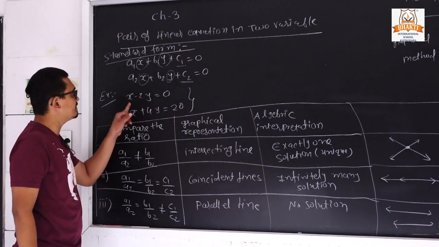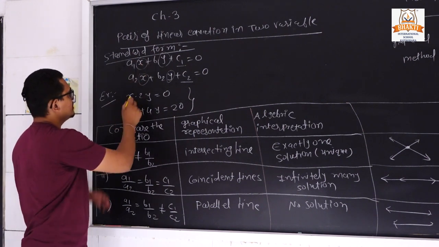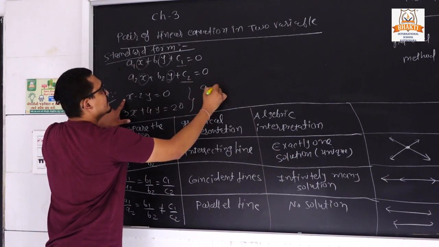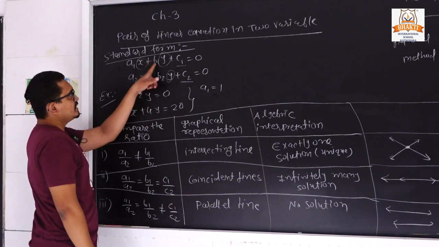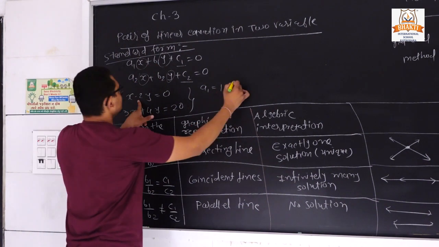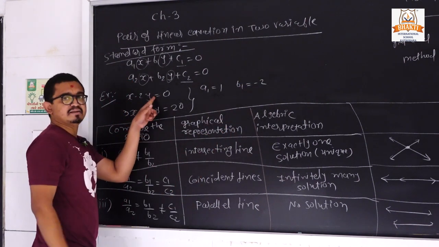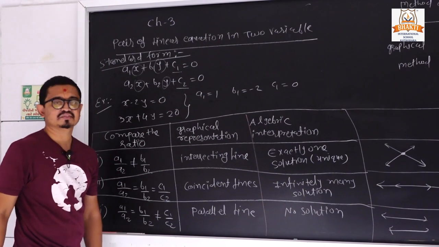This is our linear equation, because compared with the standard form, the coefficient of x is 1, so a1 is equal to 1. Then b1 is equal to minus 2, and the constant term is missing, so we write c1 is equal to 0.